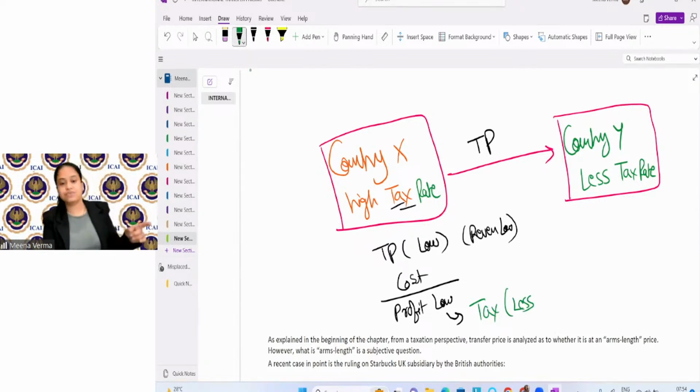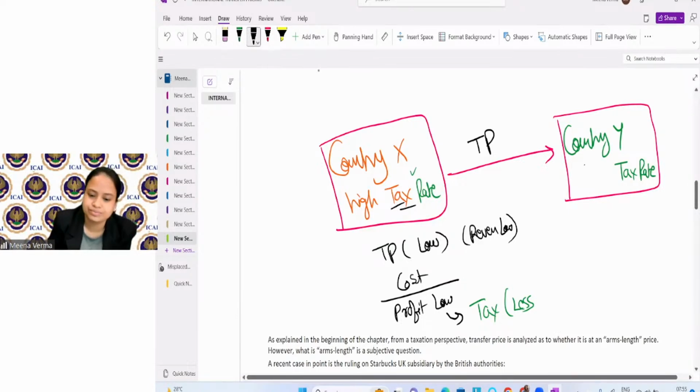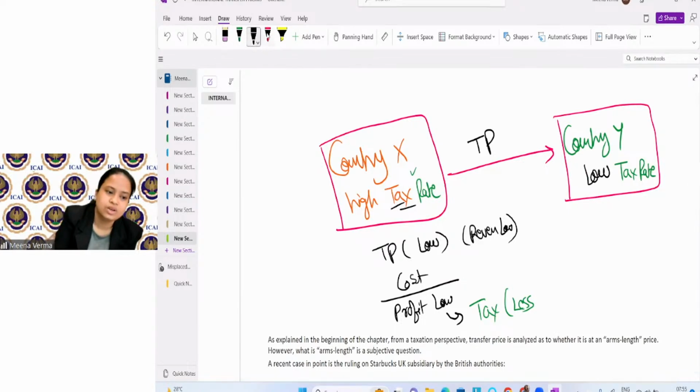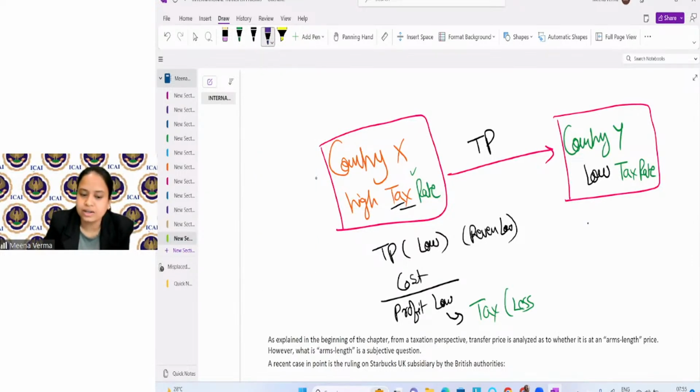Now, since we are transferring the goods to a country having a low tax rate, what will happen in this case? Here, the transfer price will become cost.